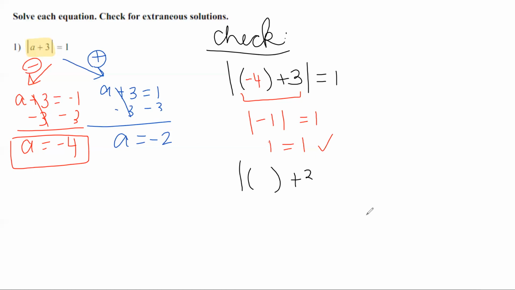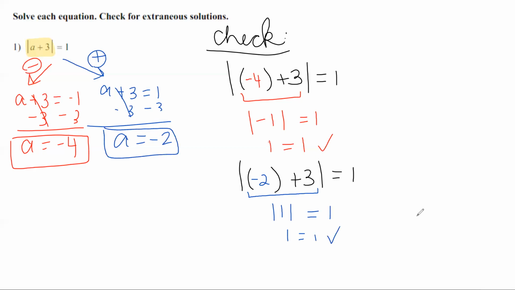Let's check the next one by rewriting our problem and plugging in our second option, -2. Again, we're going to simplify inside the absolute value. -2 plus 3 simplifies to 1, and it still has absolute value bars. Is the absolute value of 1 equal to 1? Heck yeah, it is. So I have a is equal to -4, and a is equal to -2 as my solutions.